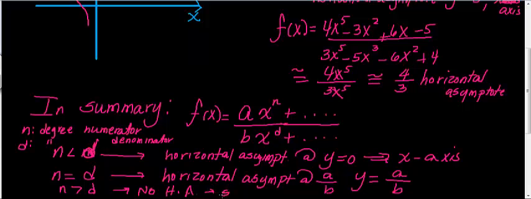We get a slant asymptote. And for a slant asymptote, we need to do long division and find a quotient, and we graph the quotient. Okay, for now we're only going to do n less than d and n equal to d. And we're only going to work with those two asymptotes. When n is greater than d, we're going to say no horizontal asymptote.